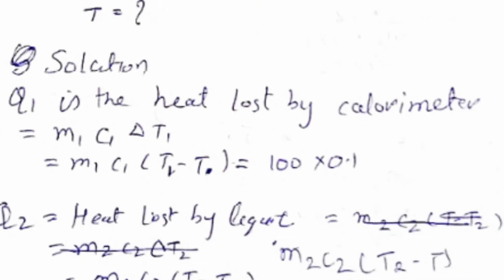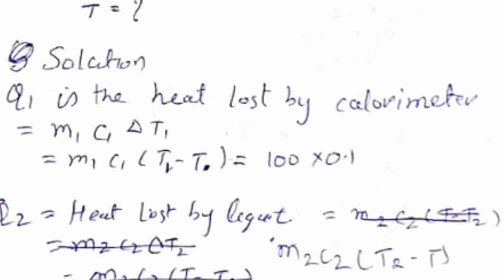So now let us start with the solution. Q1 is the heat lost by calorimeter. So first, heat loss. It will be M1 C1 into delta T1, right?